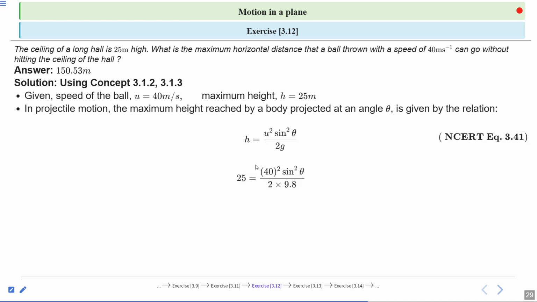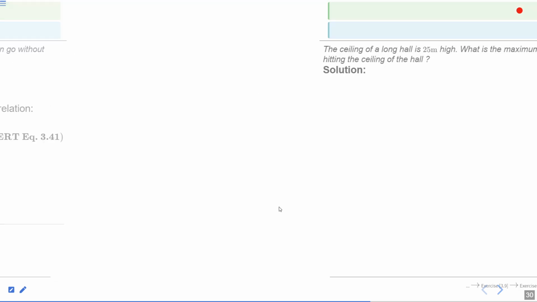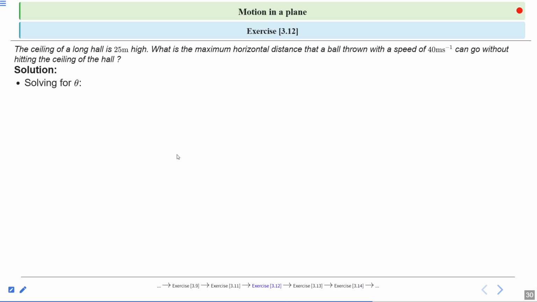So just substituting all given terms in the formula, you will get 25 is equal to 40 square into sine square theta divided by 2 into 9.8. Solving this, you will get 25 into 19.6 is equal to 1600 into sine square theta. Now we will solve this equation for theta. So 490 is equal to 1600 sine square theta.